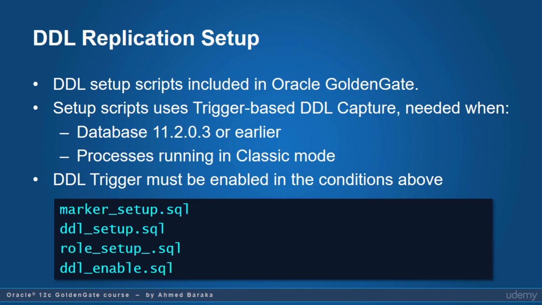If you are working with a database newer than version 11.2.0.3, and if you are running the Oracle GoldenGate processes in integrated mode, you don't need to run those setup scripts. Those setup scripts basically create triggers and some supporting objects that will be used by Oracle to capture DDL operations. The slide is showing some of those script files.